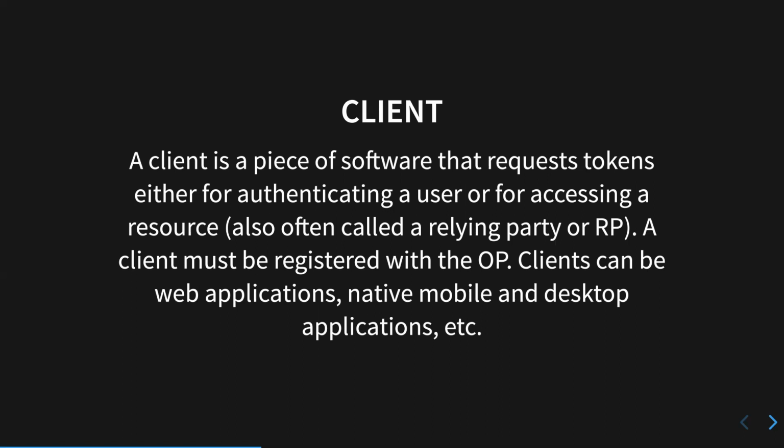So, for instance, if you are logging in with Google or Twitter or whatever social provider that we use, or with Okta, in that case that will act as the identity provider, and then GitLab will act as the client or relying party or RP. There are several terms in the protocols that we use interchangeably, but I think we can use client for now.